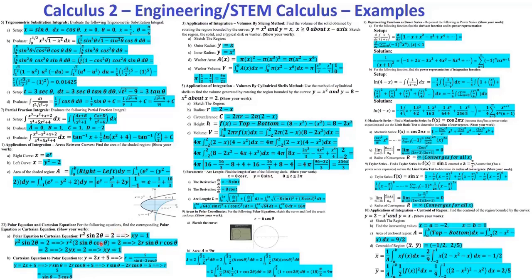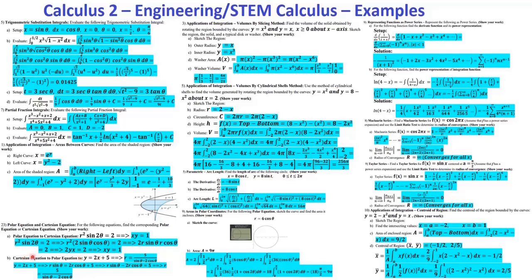To convert this into a Cartesian equation, r squared sine 2 theta equals 2, which is r squared times 2 sine theta cosine theta equals 2, which is 2 (r sine theta)(r cosine theta) equals 2. But we know that r sine theta is y, r cosine theta is x, so that is 2yx equals 2, that is xy equals 1, which is y equals 1 over x.